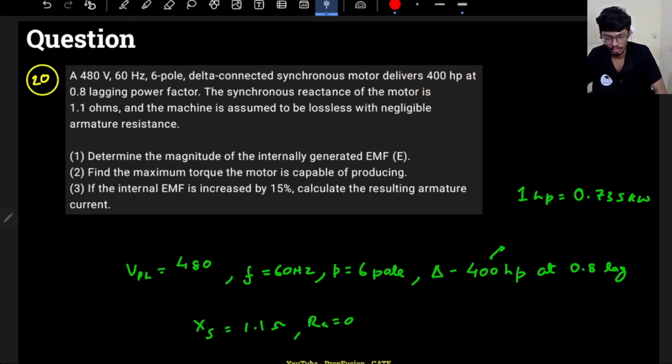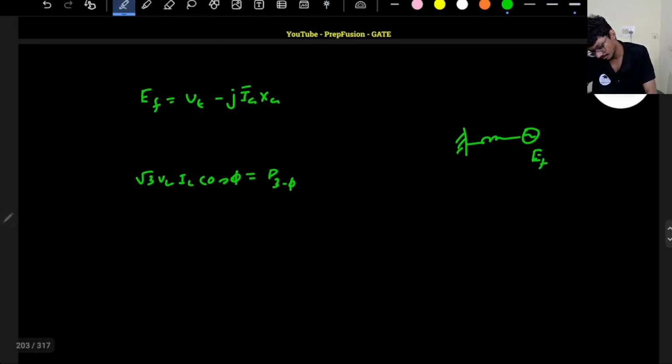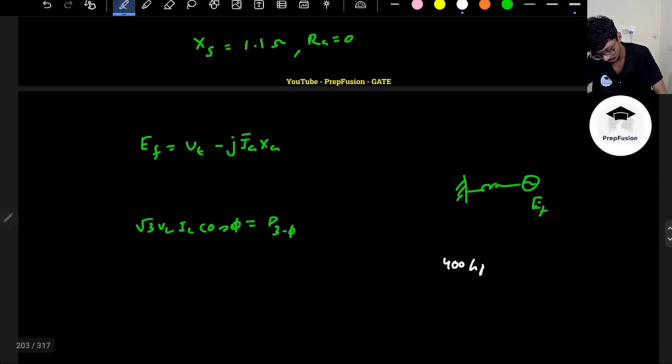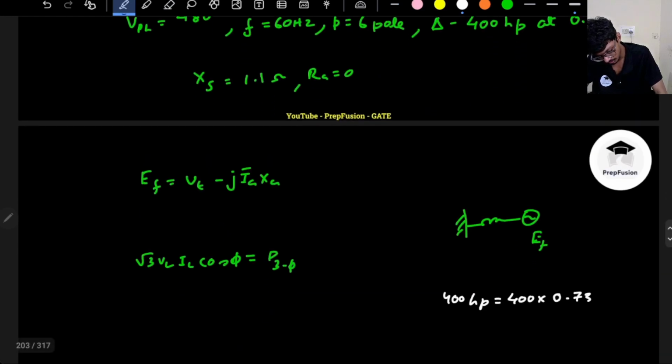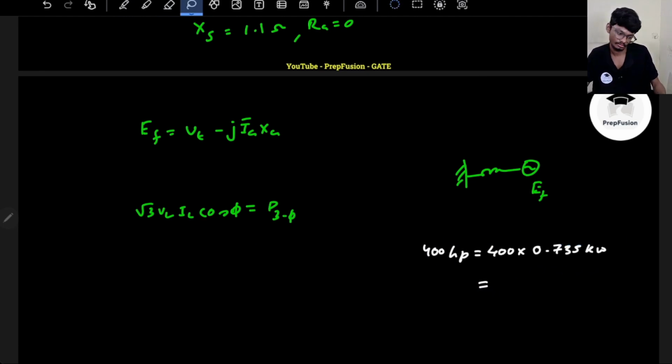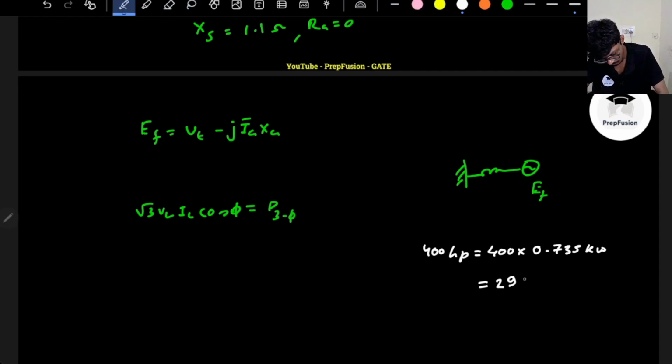If 1 HP is 0.735, then 400 HP will be 400 into 0.735, which is 294 kilowatt.